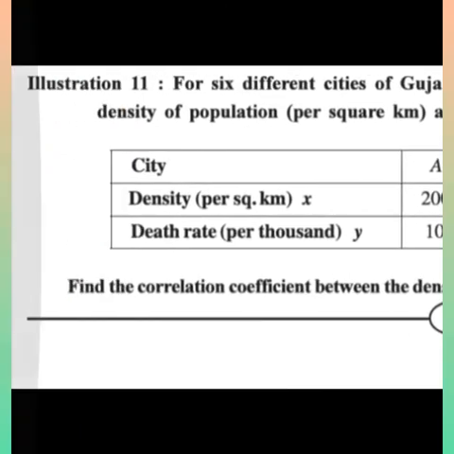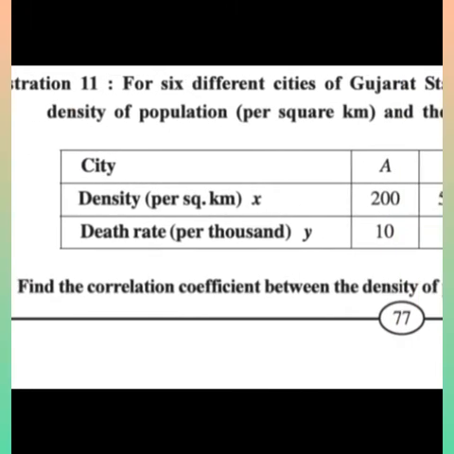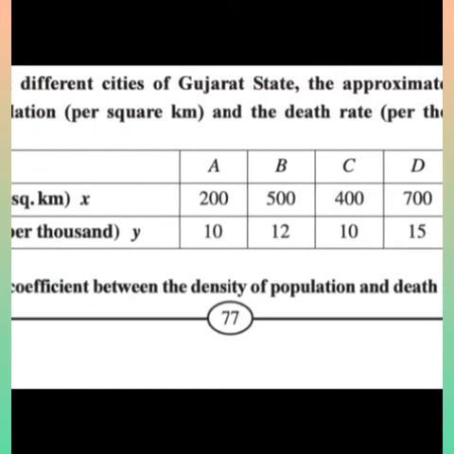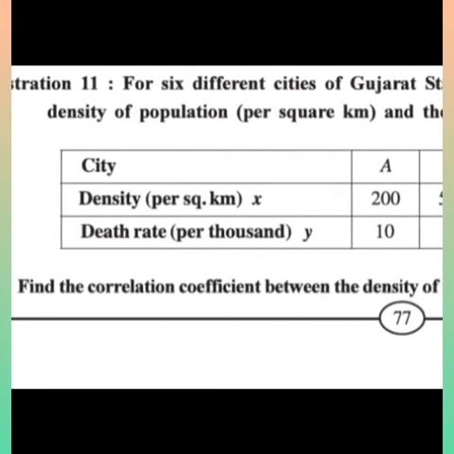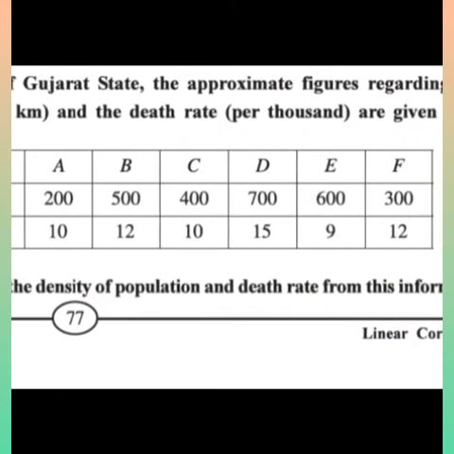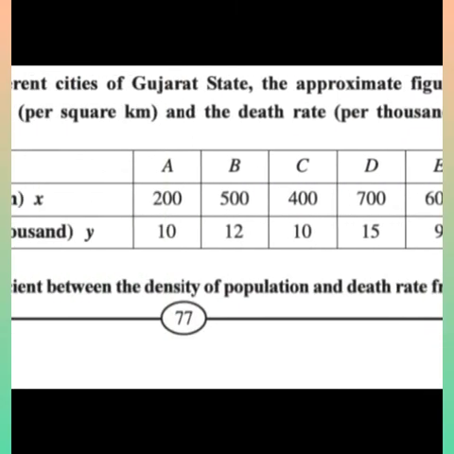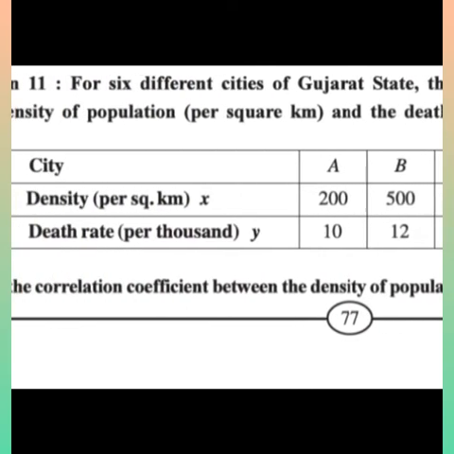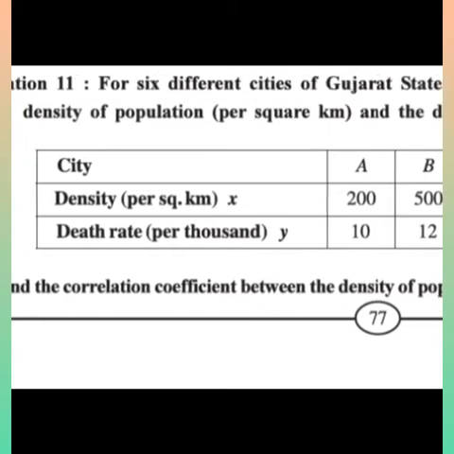Our example number 11: for 6 different cities of Gujarat state, the approximate figures regarding their density of population, that is per square kilometer, and the death rate, per thousand, are given below, right? Over here you would find that there are 6 different cities of Gujarat.